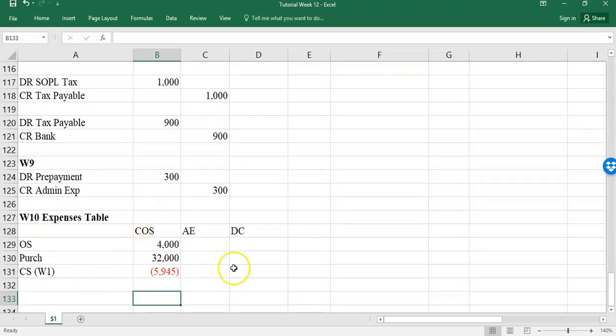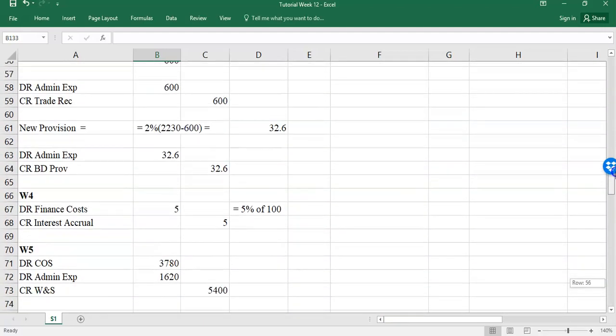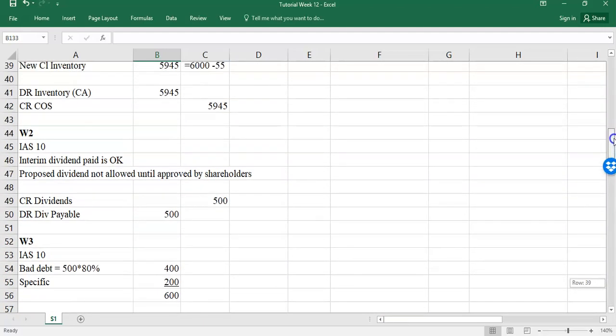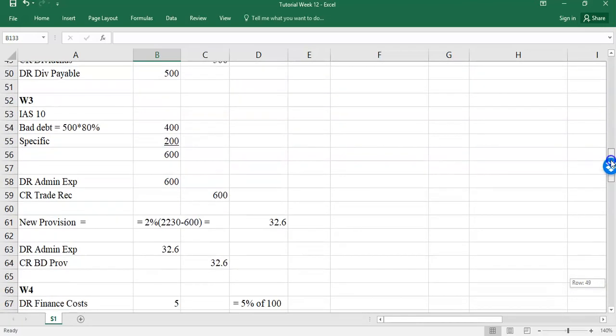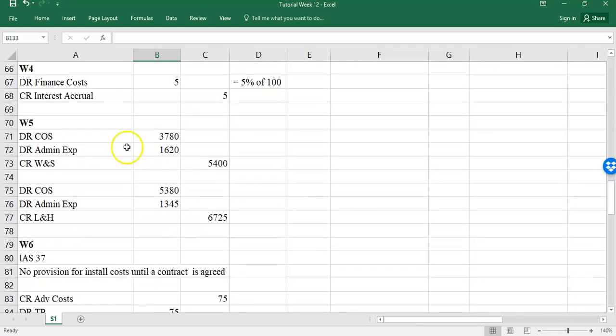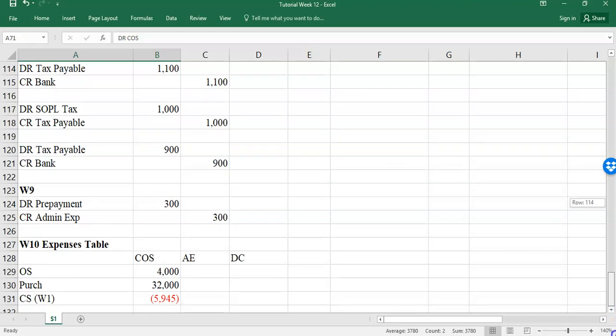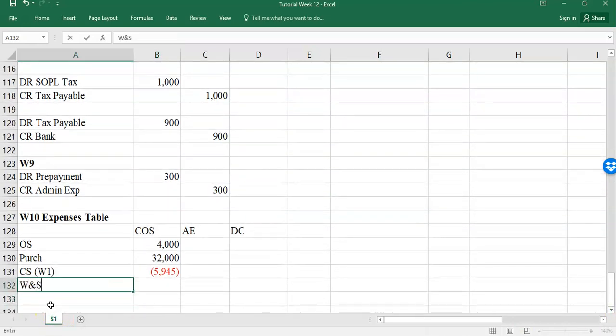Now we have a couple of other things. This is where it's important to tick them off as you cover them. What other elements do we have in cost of sales? Well, we'll come down working 2, working 3. So working 5, you have 3780, which is wages and salaries, and light and heat 5380. So slot those in. Wages and salaries, you have here 3780, and then 1620 goes to admin expenses.